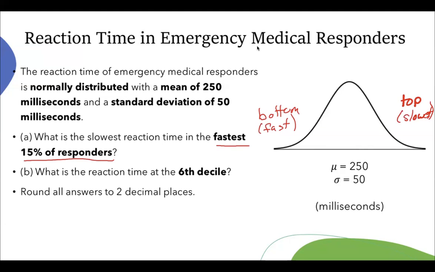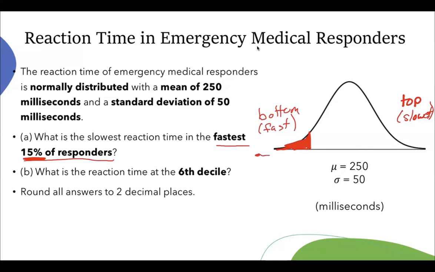Making a picture is always going to be helpful. To recognize the fastest 15%, realize that these people down here have the quickest response time. And over here, the one at the very, very leftmost, this is the quickest response time.